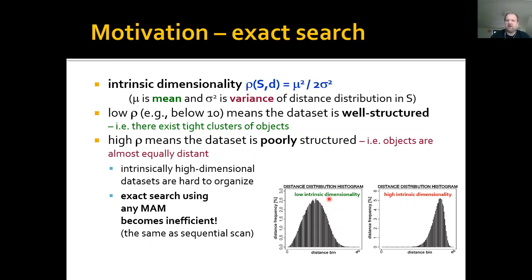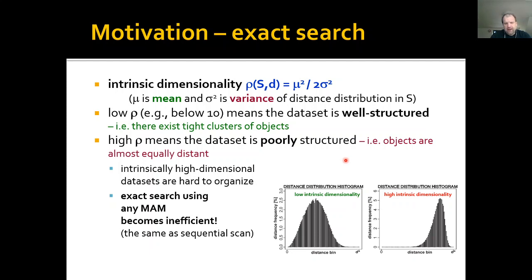So if we have, for example, a 10-dimensional Euclidean data set with uniform distribution, this intrinsic dimensionality will be more or less 10. So we have a clue about some virtual dimensionality if the data is Euclidean, but it's not precise.